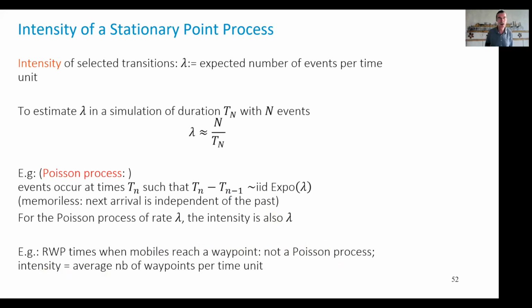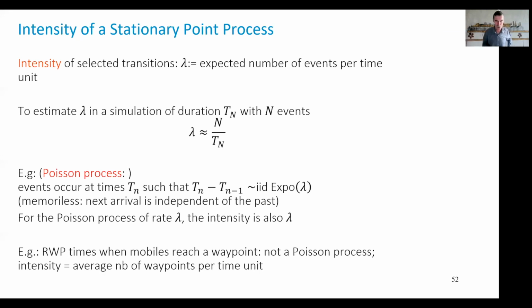How much this quantity will be depends on the parameters that we've seen. Since the mobile is choosing a point uniformly in the area and chooses a speed also, if the area is very large, then the mobile takes a long time to get to the end of its current trip. So if the area is very large, the intensity will be small. If the speed that is chosen is also very large, then the mobile will get quickly to the next point and the intensity will be larger.